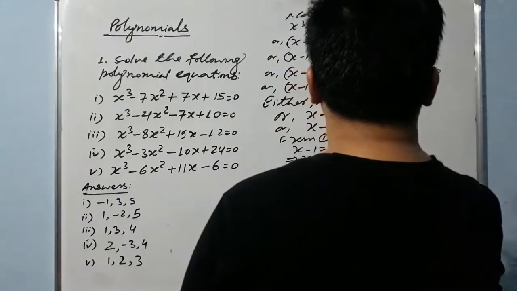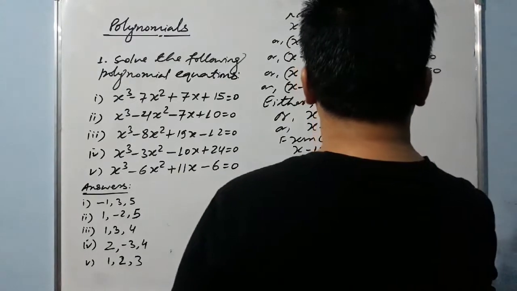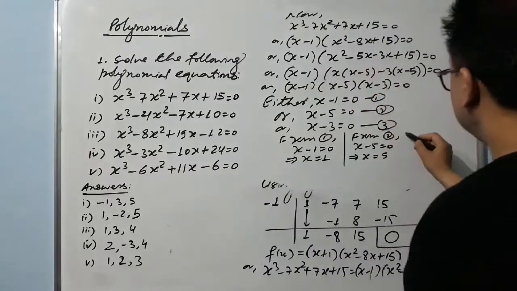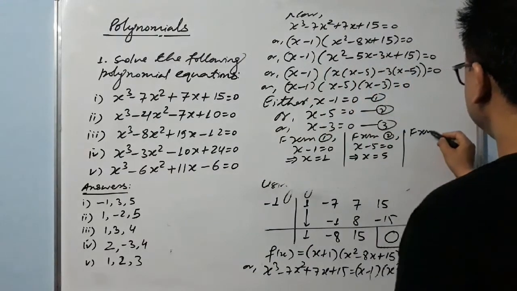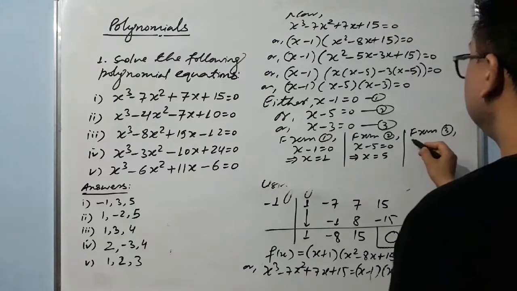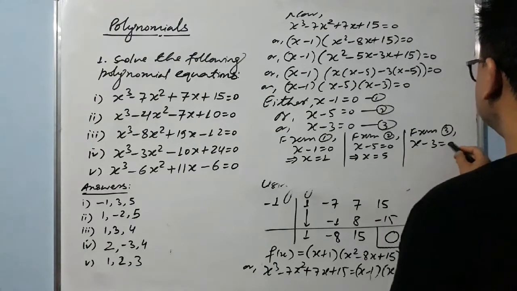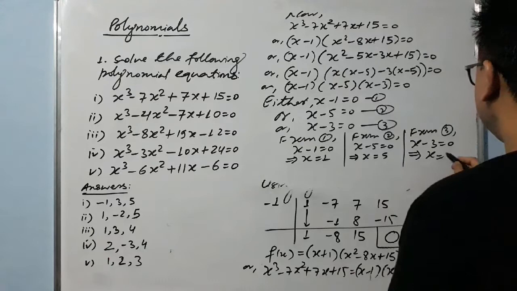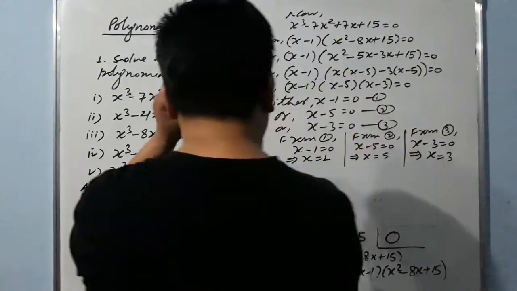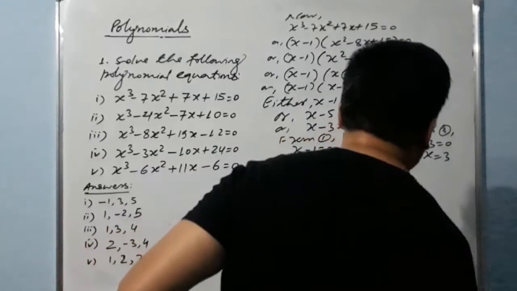From 2, x minus 5 is equal to 0 implies x is equal to 5. Here I am writing from, you can write downwards also, it doesn't matter. From 3, x minus 3 is equal to 0 implies x is equal to 3. We got the solution of this equation.